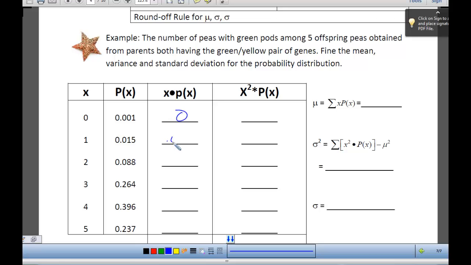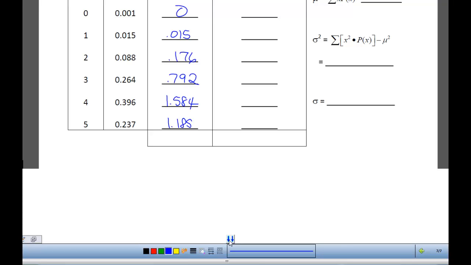We get 0.015. 2 times 0.088 is 0.176. 3 times 0.264 is 0.792. 4 times 0.396. And then 5 times 0.237 is 1.185.